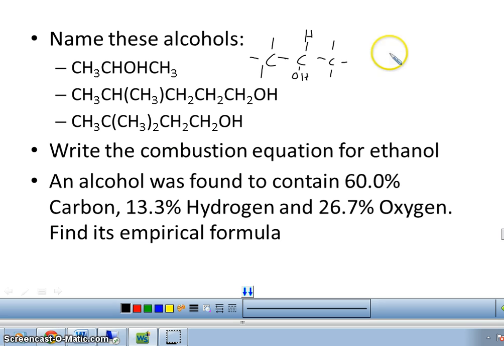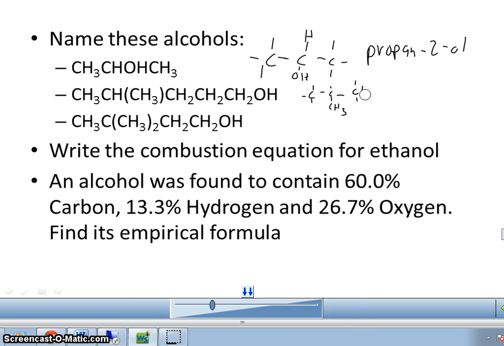So it is methylpropan-2-ol. This one here is CH3, CH3, CH2, CH2, CH2, CH2, OH.